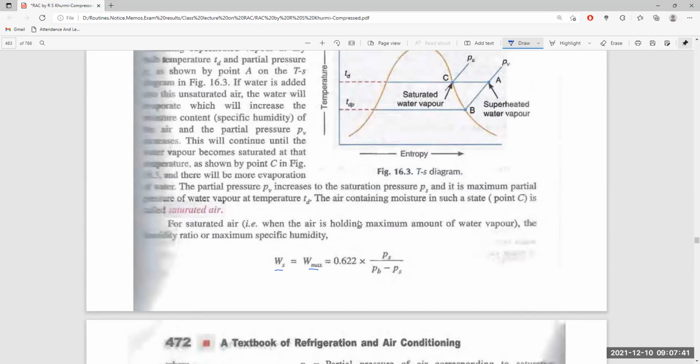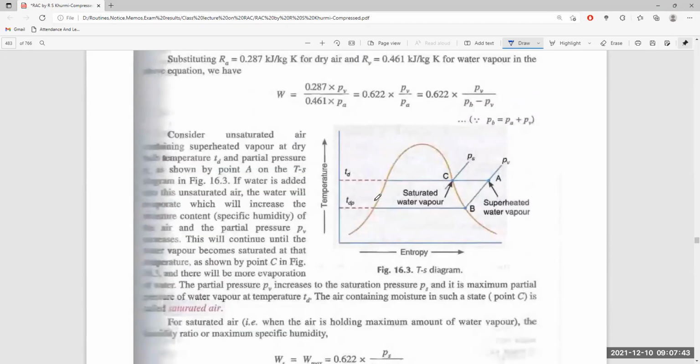What we have done here is like this: unsaturated air containing superheated vapor at dry bulb temperature TD and partial pressure PV.